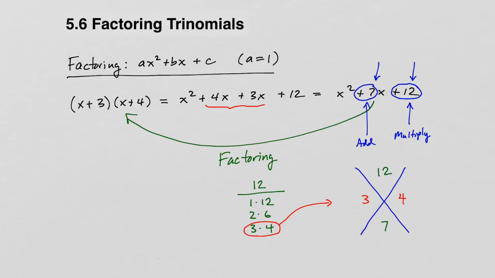Therefore, when we factor, we're going to have the product of two binomials, one of which will be x plus 3 and the other one x plus 4. And that's just a direct transcription from these numbers here. We just bring these numbers over. So that's a relatively simple example. Let's look at some more.